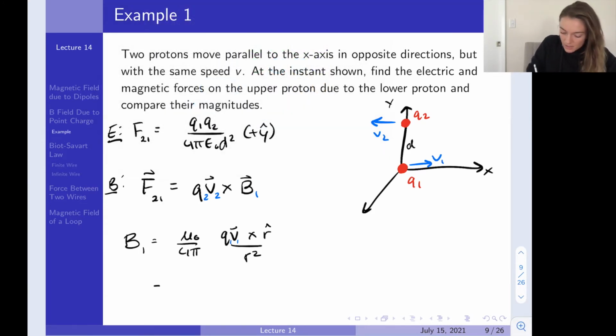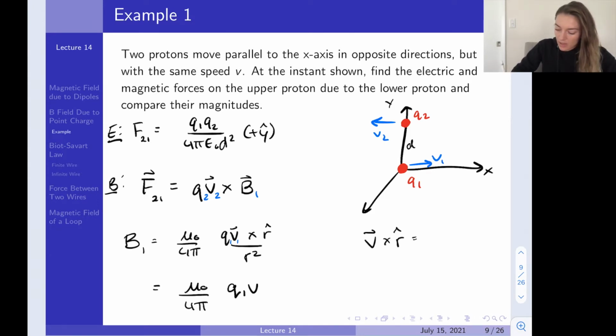So let's write this out. So we have mu naught over 4 pi. Now they're both positive. Now the charge of Q1, we'll just say Q1 times its velocity. And its velocity, let's do this cross product. So its velocity is V1 in the positive x hat direction. And then r hat is the direction from Q1 to the location where we're measuring the magnetic field, which is up here.